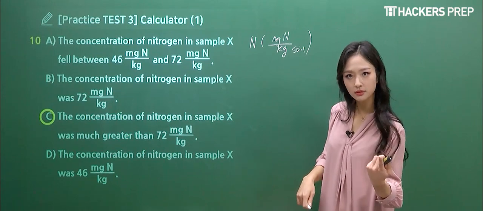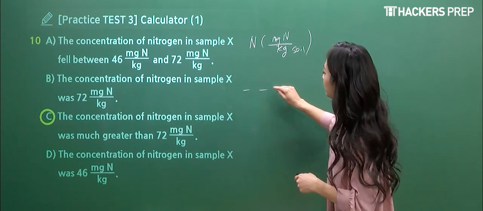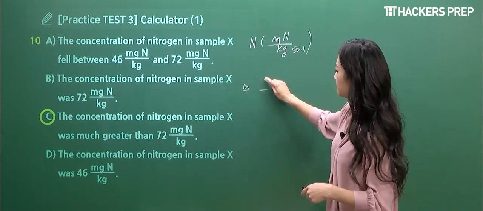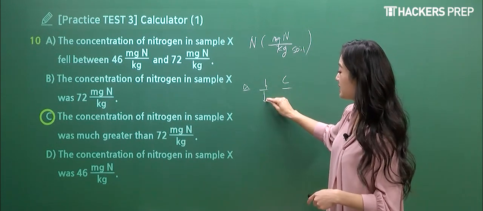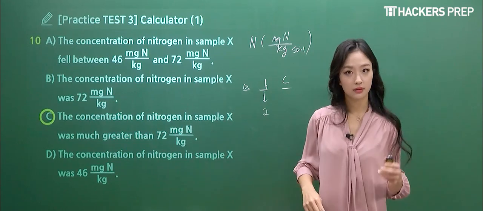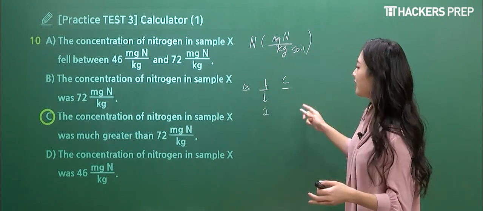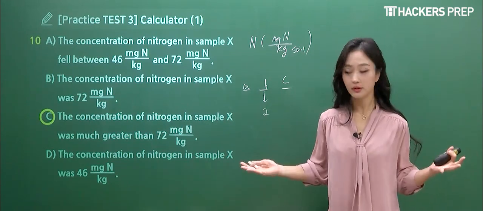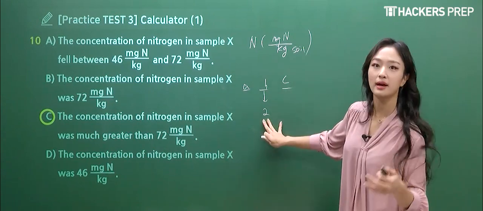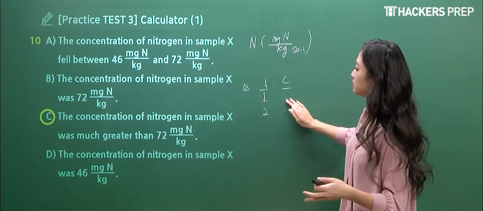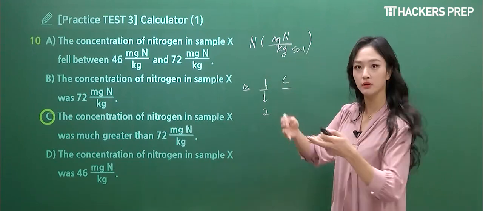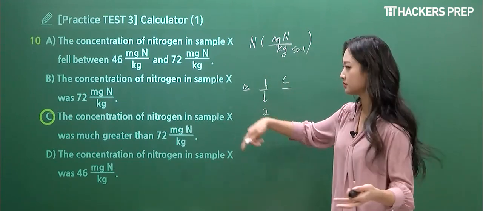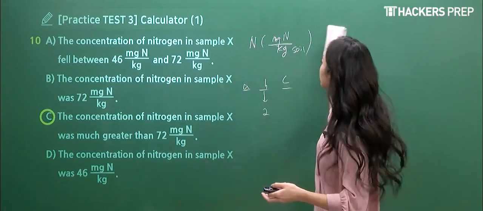Does that make sense? Let me give you a simple example. If you have 3 numbers A, B, C, and they're telling us that the median value is 2, and the overall average is like 100, C has to be a lot greater than the median and also a lot greater than the average to bring up the average of 3 terms to a value of 100. Does that make sense? So that's why C is a match here.